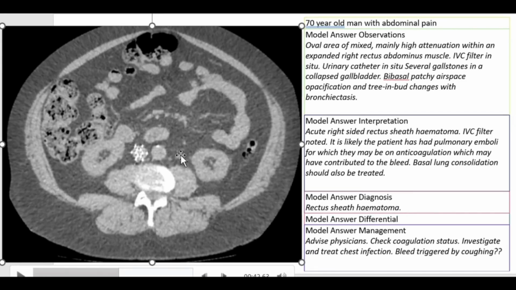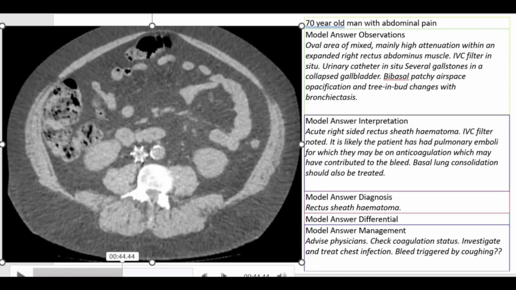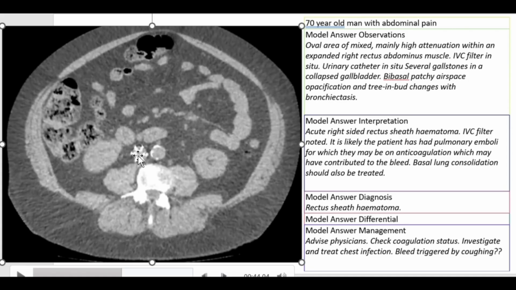The interpretation here: the inserted IVC filter indicates that this patient most likely had previous DVT, deep vein thrombosis, and the inserted device here is most likely a prophylactic therapy to prevent travelling of blood clots from the previous DVT into the heart and into the pulmonary artery.